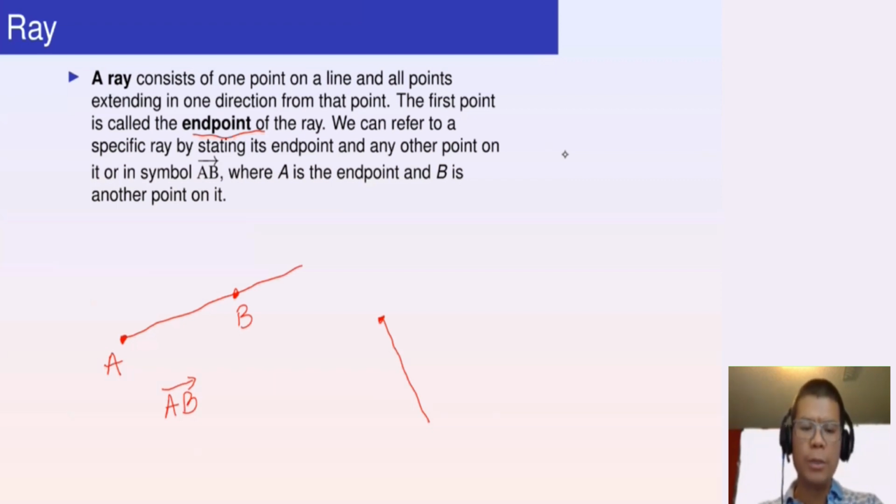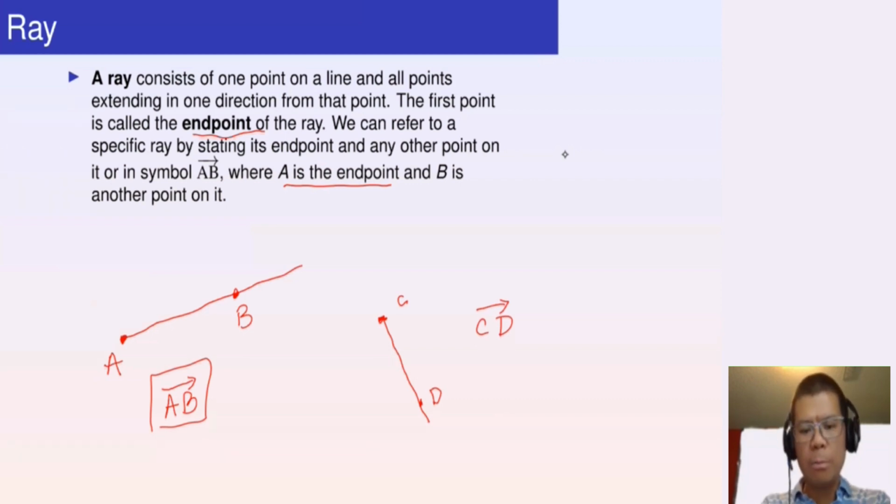So this means a ray with endpoint A, pointing in the direction of B. A is the endpoint, B is another point on it. So for instance, if this is C and here there's a point D, then we will say this ray is CD, where C is the endpoint.